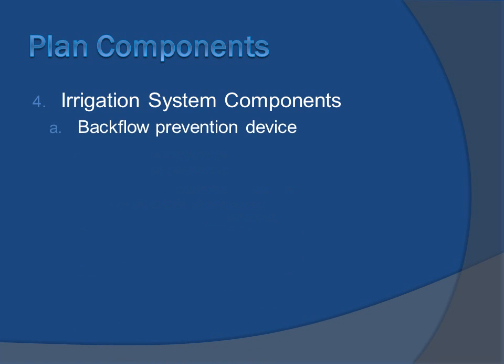Components. Backflow prevention device, and that's to keep water from siphoning back into the city or municipality water source. You can cause a lot of contamination if you don't have that backflow. Master valve, those are nice to have where you can just go boom, you've cut water off to the system.